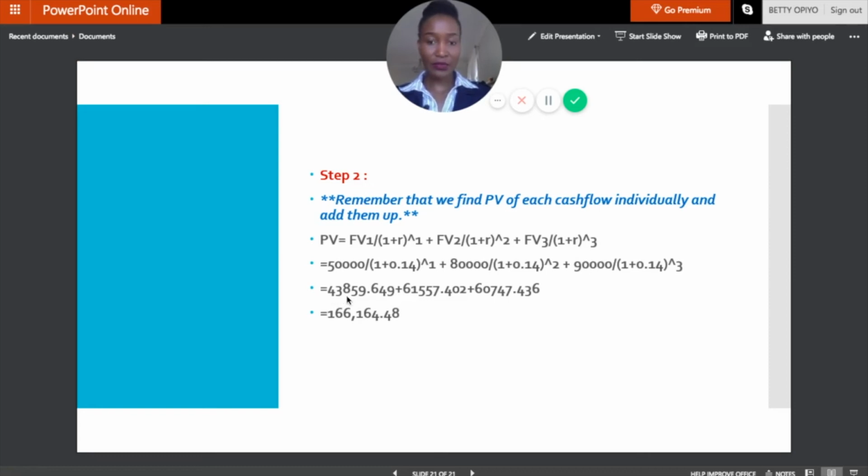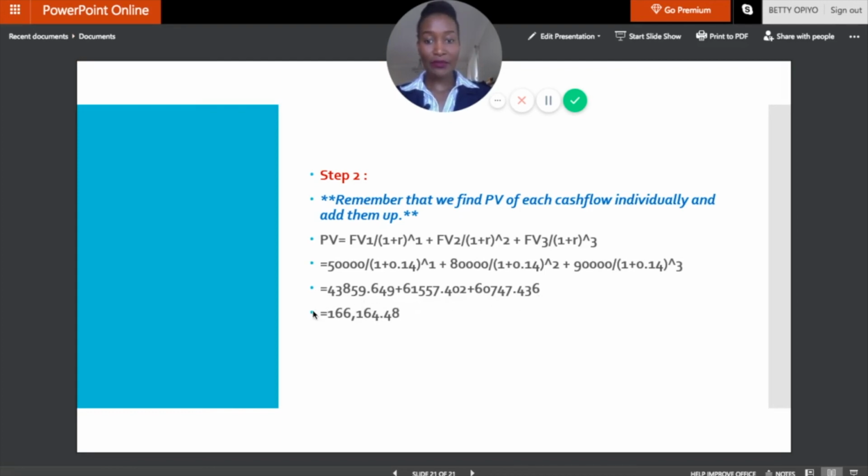The present value of the first cash flow will be 43,859.649. The second cash flow is 61,557.402, and the third cash flow is 60,747.436. After finding the present values of these cash flows individually, we sum them up.